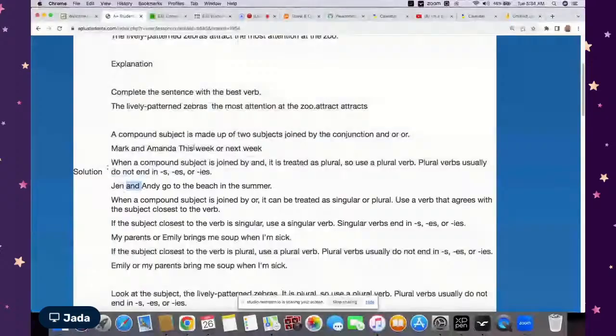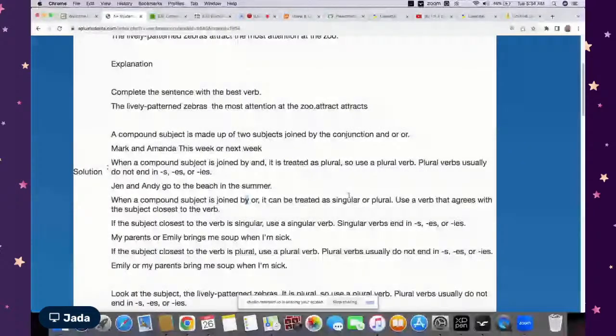When a compound subject is joined by or, it can be treated as singular or plural. So now note the difference. Once you see a compound subject joined by and, it is treated as plural. But once you see it joined by or, it is treated as either singular or plural. Okay?